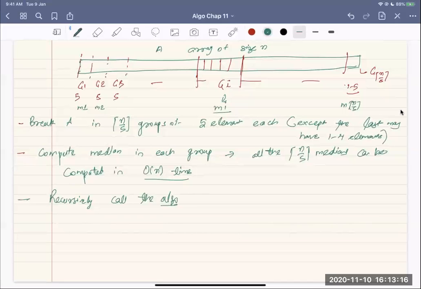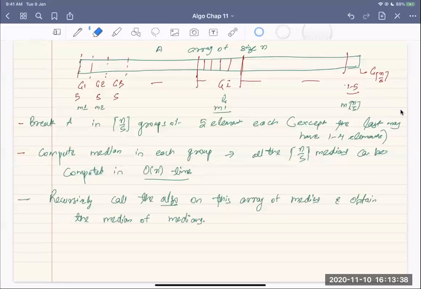So recursively call the algorithm on this array of medians and obtain the median of medians. Call this element x. You are calling the algorithm on this array of n by 5 medians and getting an element x that is the median of medians.